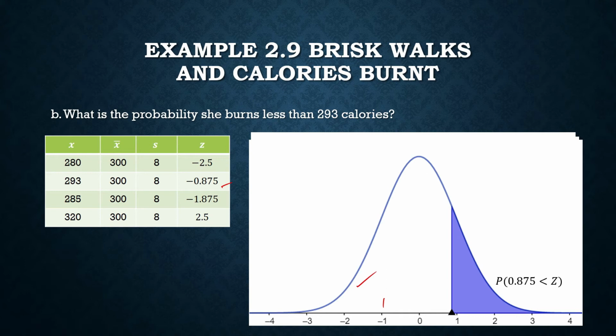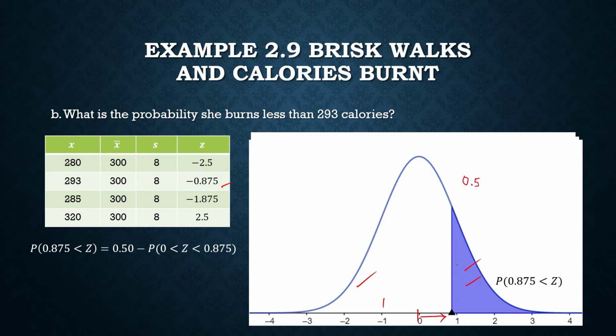So this is what we are looking for: the area under the curve that is greater than 0.875. We cannot get it directly. So what do we know? From 0 to infinity, the area of the region under the curve is 0.5.